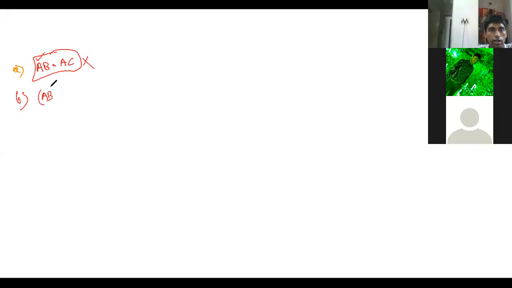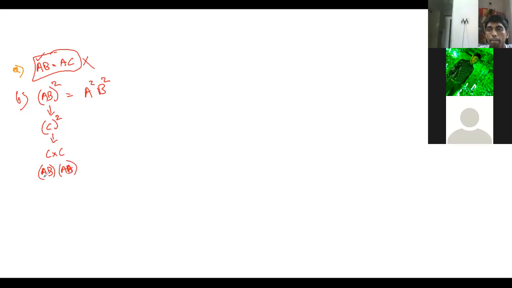Now the second option is telling AB whole square. Is it equal to A square B square? Let us verify. Let us say AB is another matrix C. So this is C square. But in matrices, C square means C into C. So if C is AB, this is AB times AB.